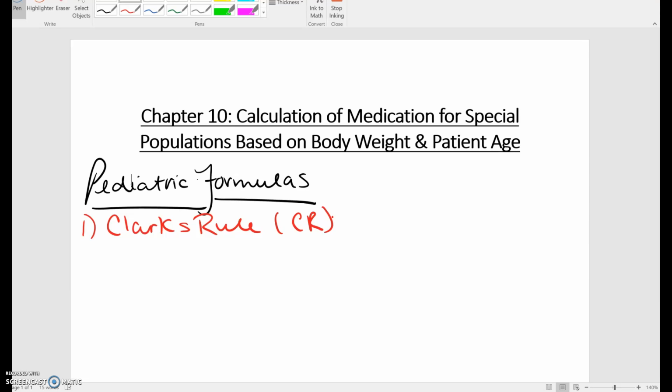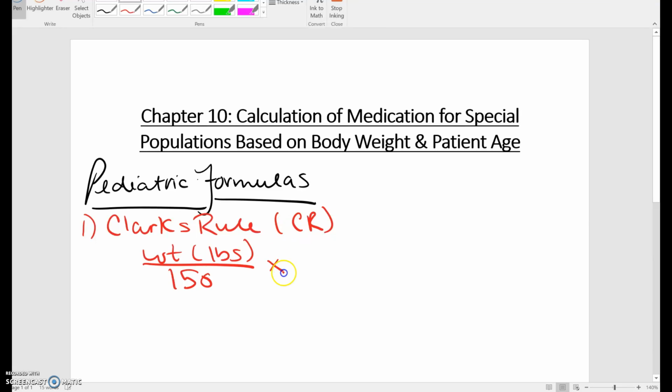So the Clark's rule is based off of the child's weight in pounds over 150. This 150 basically stands for the average adult weight. Of course, we know that that's not the average adult weight for every adult, let me say, but this is the formula that you would use, and that 150 is kind of that magic number for the average adult weight that's used within this formula.